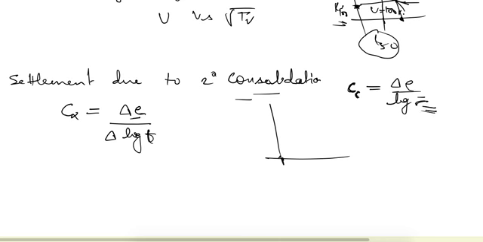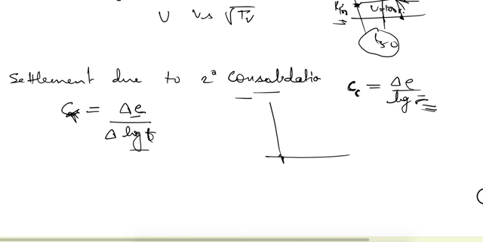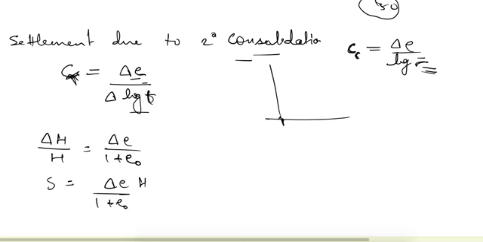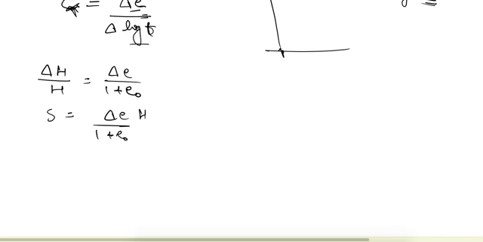So here we plot void ratio versus time, and the slope of this plot gives the coefficient C alpha. We know from a formula we derived that delta H upon H is equal to delta e upon 1 plus e naught, so delta H, the settlement, is delta e H upon 1 plus e naught, and we can put the delta e value from here.